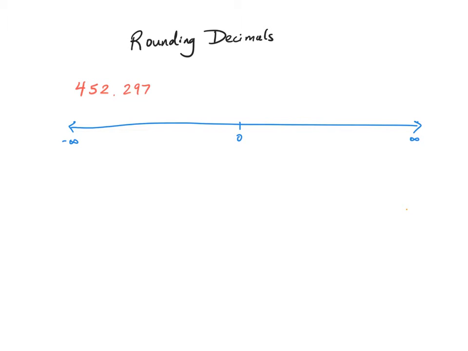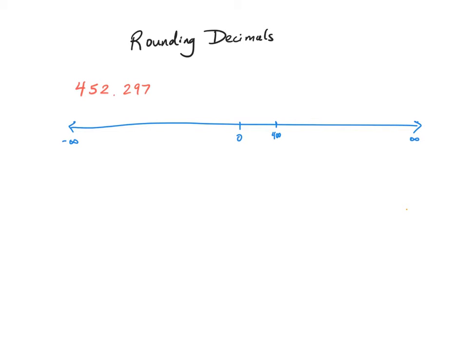And of course, somewhere halfway in between would be 0. So let's say that we want to start out by taking our number 452 and 297 thousandths and rounding this to the nearest hundred. Well, let's see if we can find 400 on our number line, because in the number there's a 4 in the hundreds place, so we know we have at least 400. I'm just going to go ahead and mark a spot. Let's call this 400.